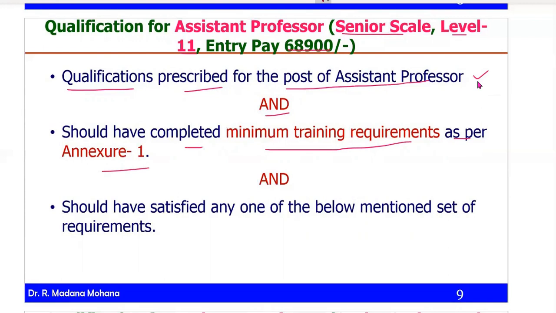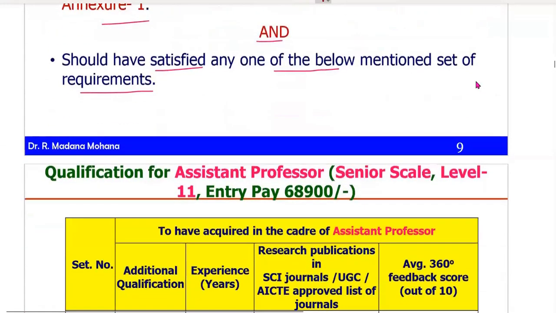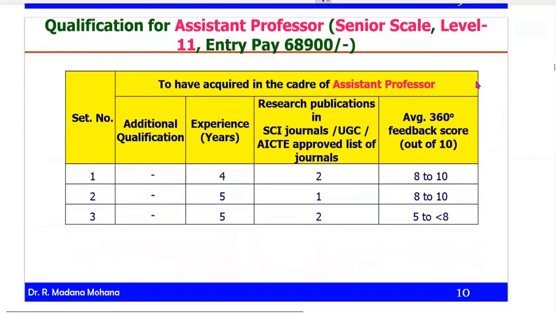So we will discuss about annexure 1. So minimum training requirements need to be fulfilled and should have satisfied any one of the below mentioned set of requirements, the three conditions. So same qualification as an assistant professor and minimum training requirements need to be fulfilled and any one of the following mentioned set of requirements needs to be satisfied.